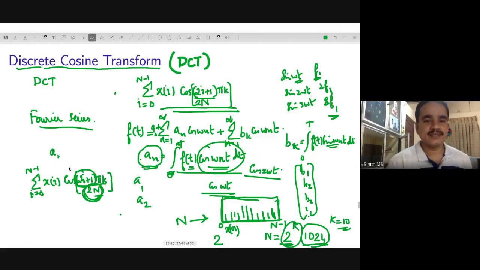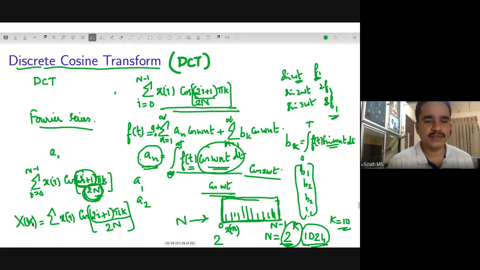Now, if you analyze this particular term, sigma xi cos 2i plus 1 pi k by capital 2n, which is represented as capital Xk.